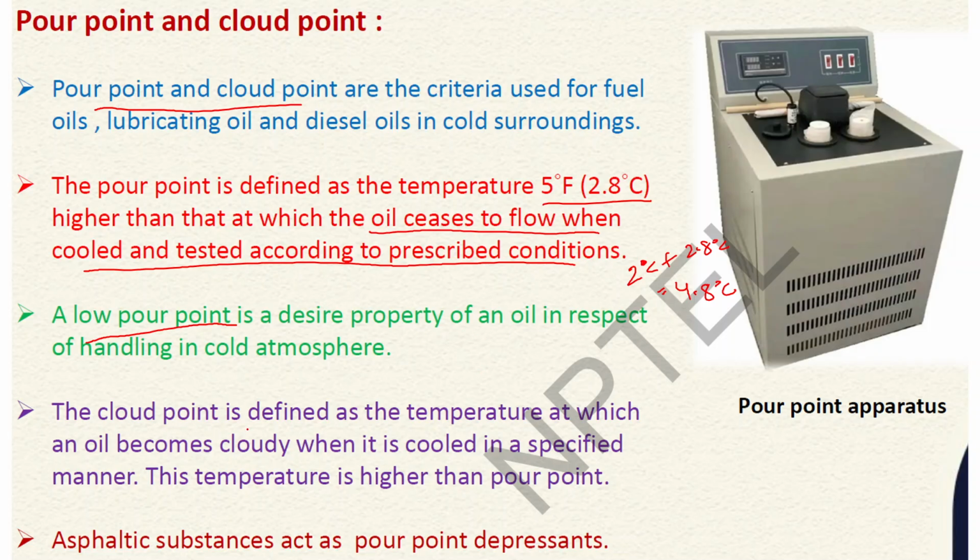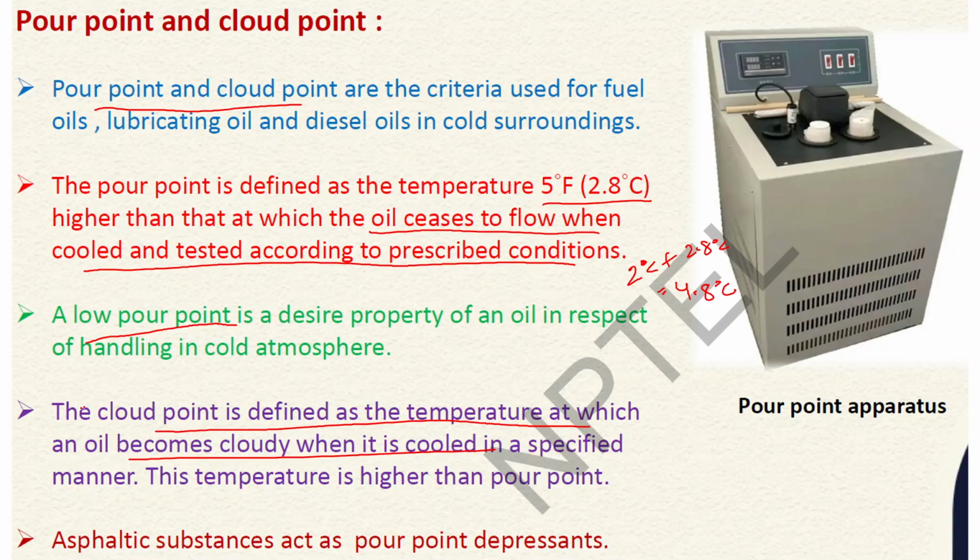Okay. Cloud point is defined as the temperature at which the oil becomes cloudy when it is cooled in a specific manner. Before freezing, it is not like you decrease the temperature and at once it will freeze. At first, it will start becoming hazy. A small blurriness or haziness will start to occur in our clear, transparent crude oil.